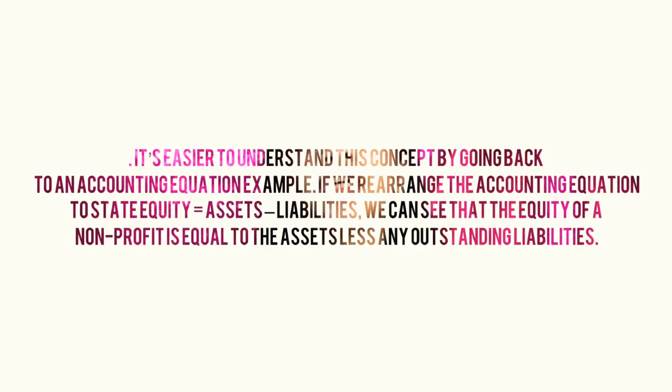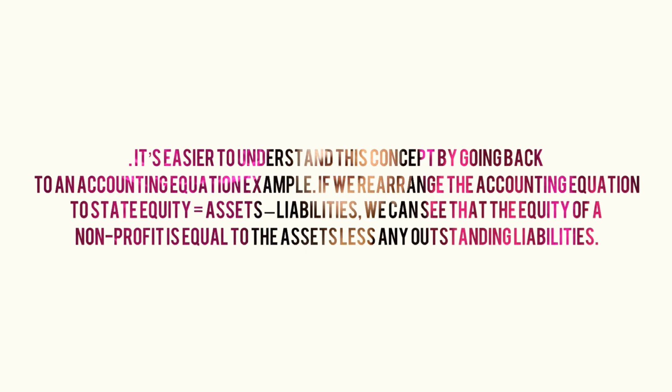In nonprofit accounting, this section of the statement of financial position is called the net assets section because it shows the assets that the organization actually owns after all the debts have been paid off. It's easier to understand this concept by going back to the accounting equation.